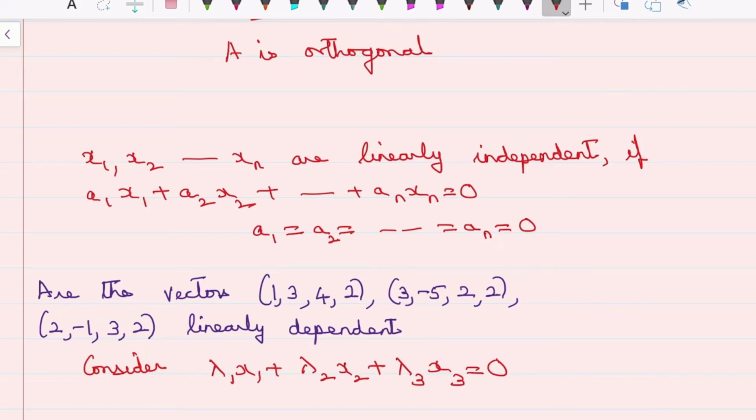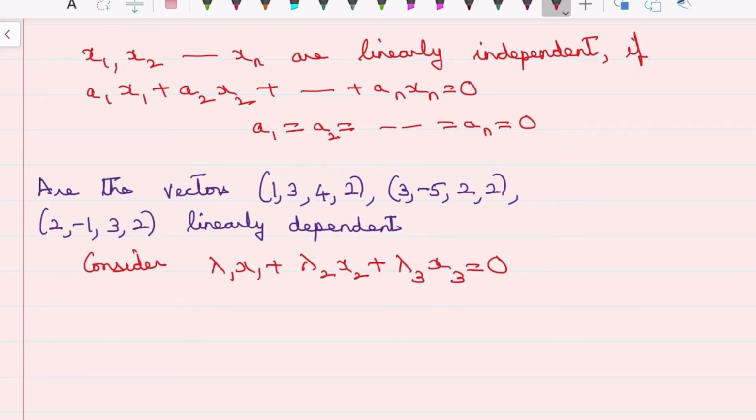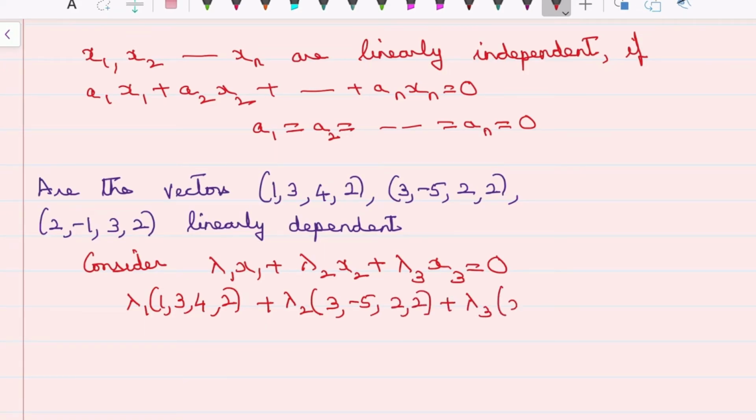So here I start with lambda 1 x1 plus lambda 2 x2 plus lambda 3 x3 is 0. So I have lambda 1 times 1 3 4 2 plus lambda 2 times 3 minus 5 2 2 plus lambda 3 times 2 minus 1 3 2. This will be 0 0 0 0.